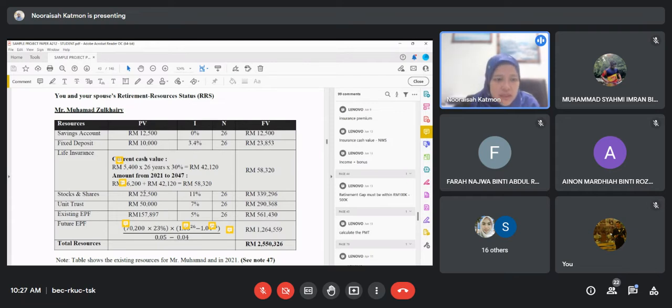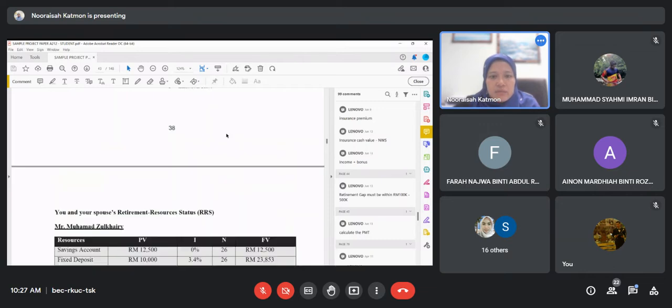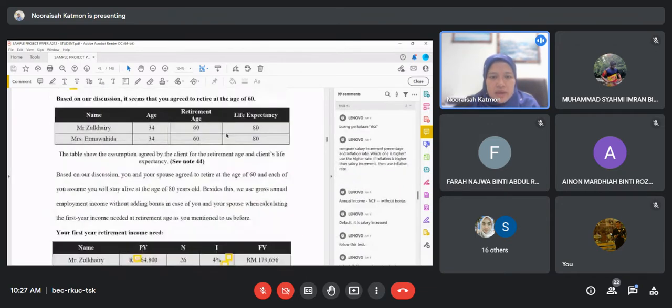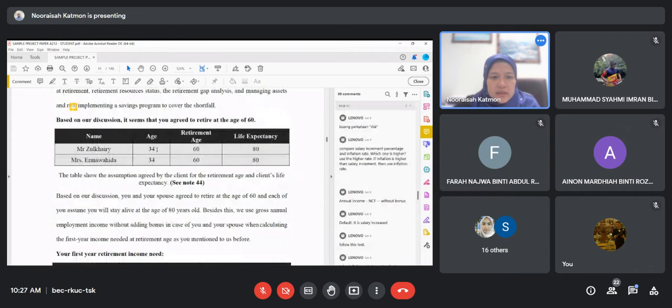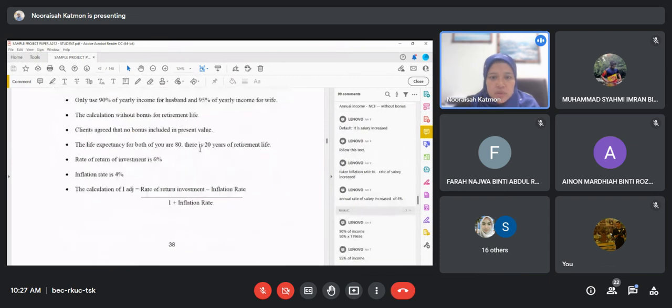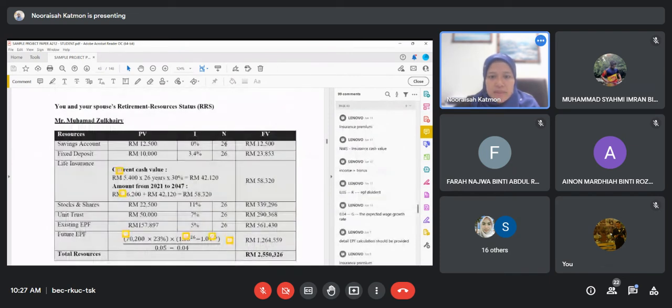Saving account, fixed deposit, stock and shares, unit trust, existing EPF, all of these are from the net worth statement. You get the I from the economics index, and N is actually the duration from here. 34 to 60 means that you have another 26 years before you retire, so that's why N is 26.